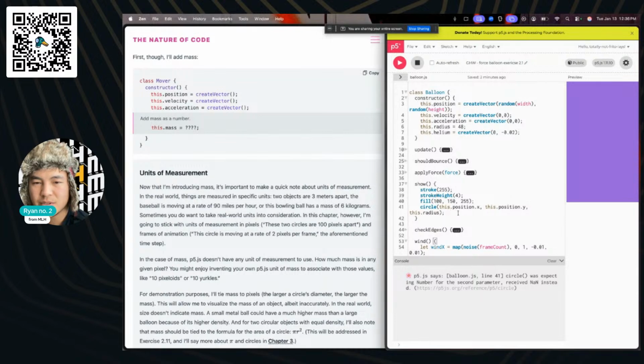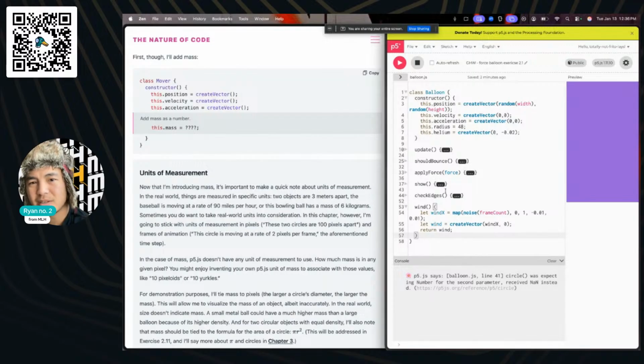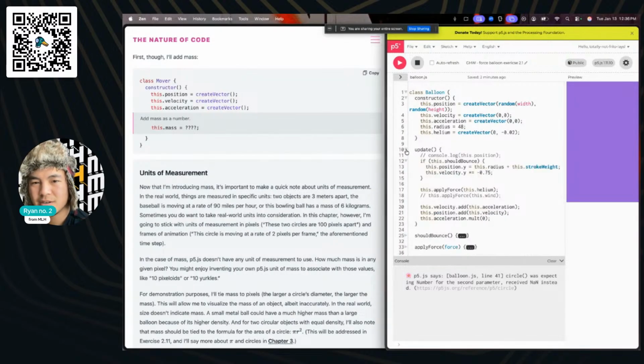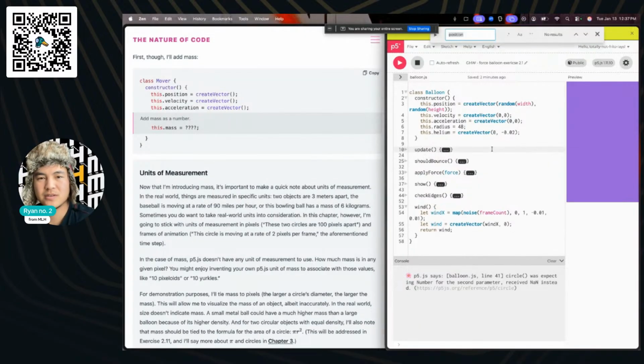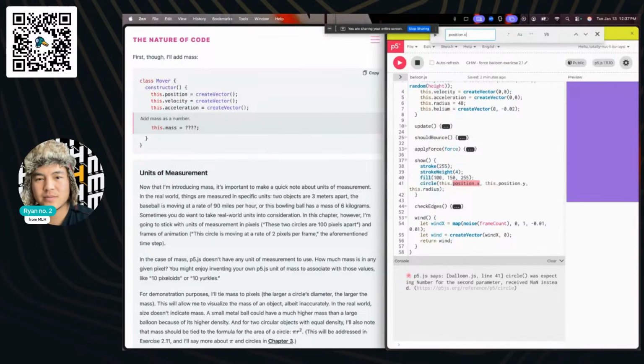So for some reason, our position.x. Maybe it's because our position.x just became inhumanly large or incomputably large. Or maybe it's not even an x thing, because we don't even adjust the x value at all, do we? Position.x.